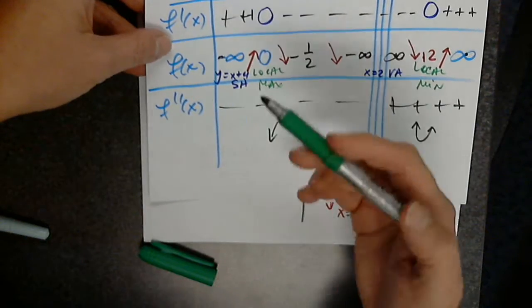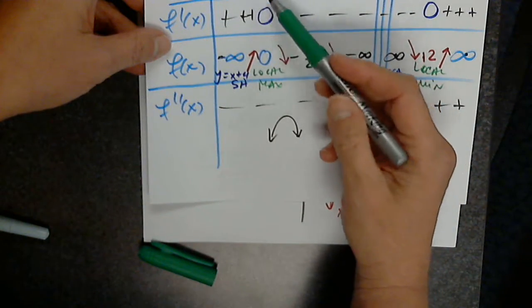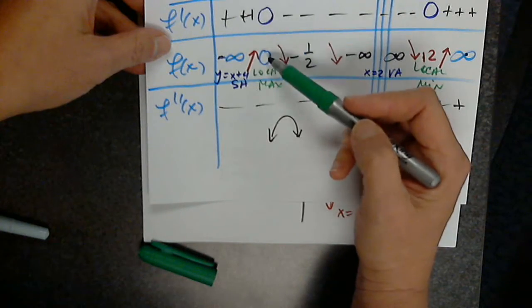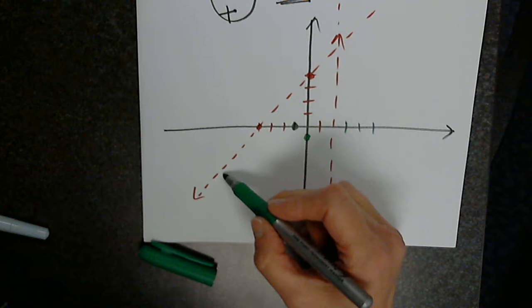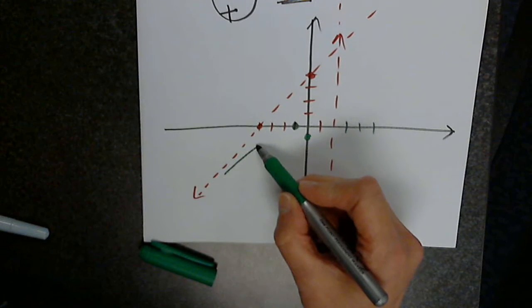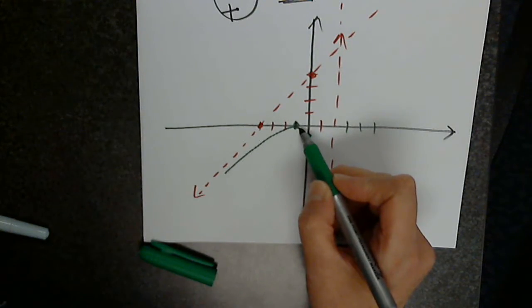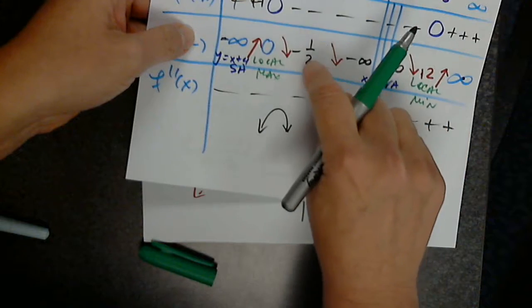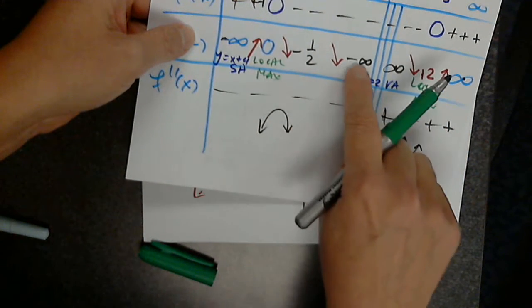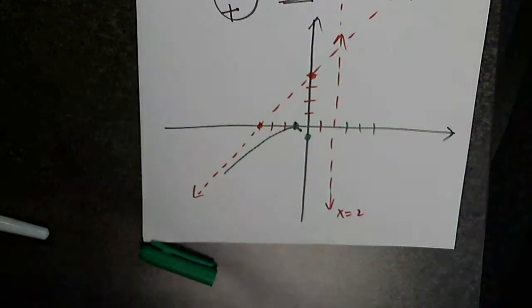So opening up comes to this, but it turns. It's a turn here, negative 1/2, negative 1. So coming from negative infinity, the function turns at this point. It comes down to cross at 0, negative 1/2, still opening down and going towards negative infinity on the left-hand side of the vertical asymptote.